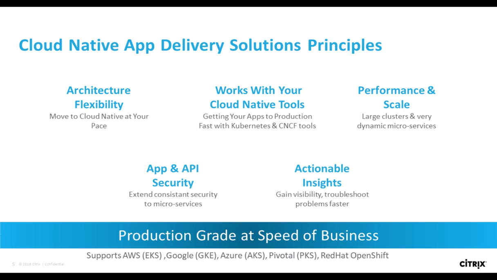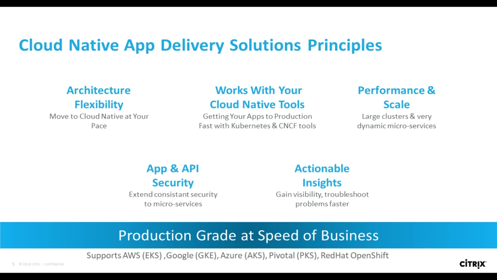And the last piece is that as a customer, you are very fortunate to have tremendous choices of the Kubernetes platforms and environments in the marketplace. If you're looking more private cloud, things like Pivotal and Red Hat OpenShift are the choices. And if you're looking at the managed Kubernetes environment, the top 3 are AWS, Google GKE, and Azure.